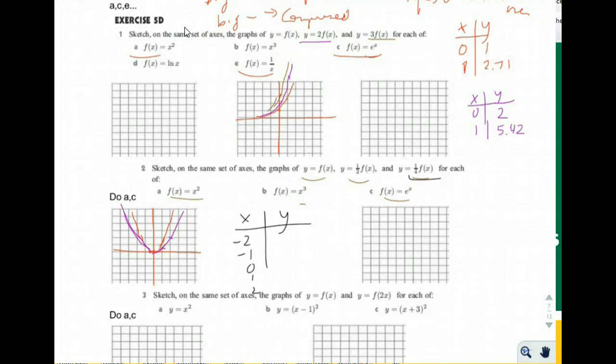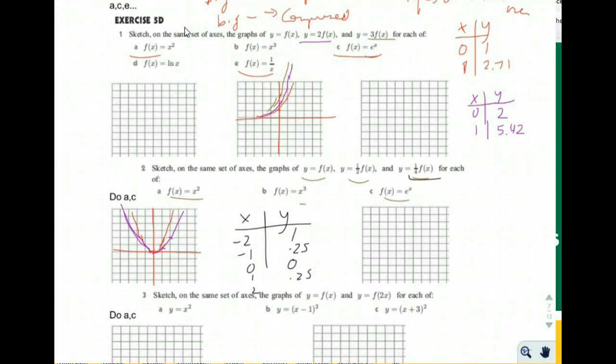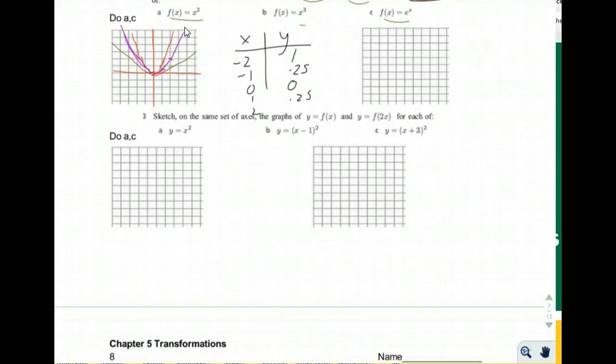For negative 2, instead of 4, I'm going to get 1. The 0 value is still 0. And instead of 1, I'm going to get 1/4. So it's going to be an extremely flat parabola where the points are negative 2, 1 and 2, 1. So it'll just be flatter. All right? I'll let you do the other one by yourself.